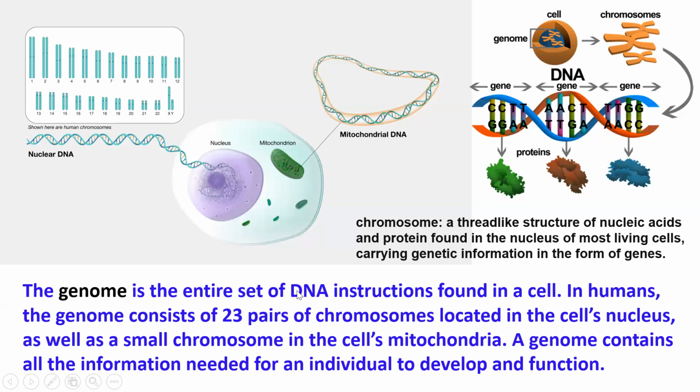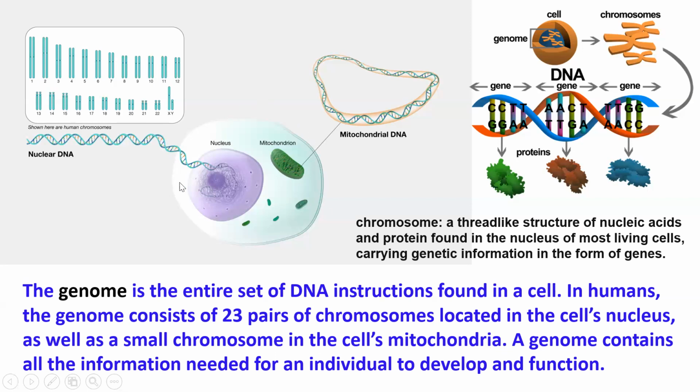And so you get your 23 pairs of chromosomes located in the cell's nucleus, that's your nucleus here, as well as a small chromosome in the cell's mitochondria. That's plural. Mitochondrion is one here. So that's mitochondrial DNA. And a genome contains all the information needed for an individual to develop and function.